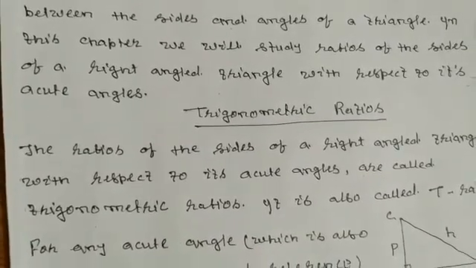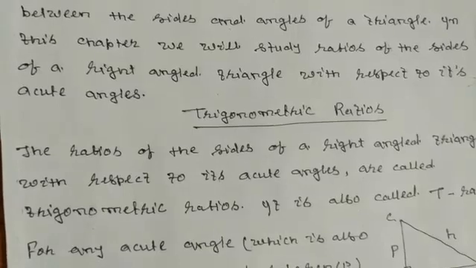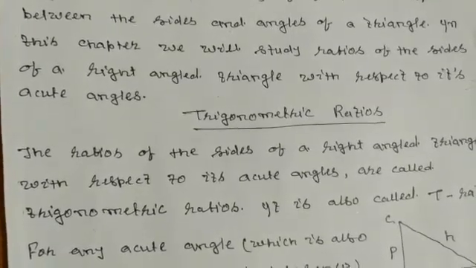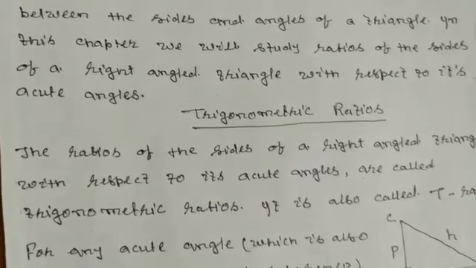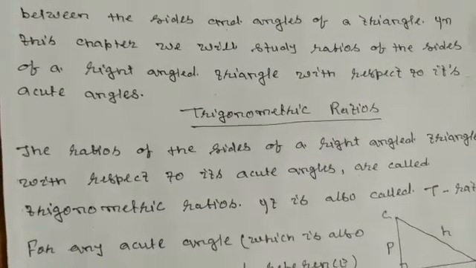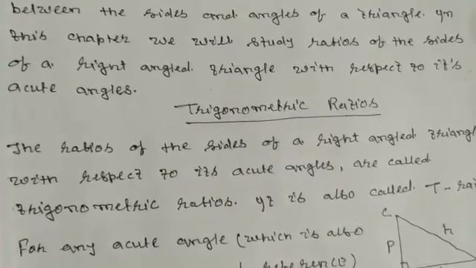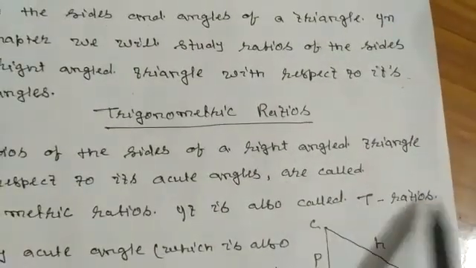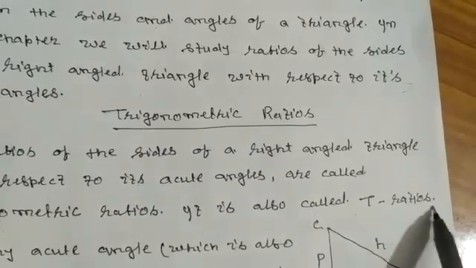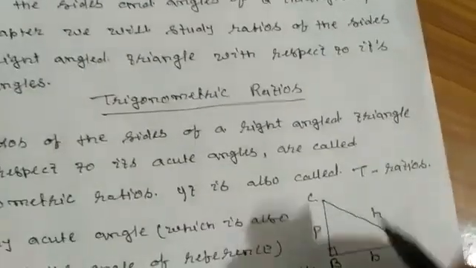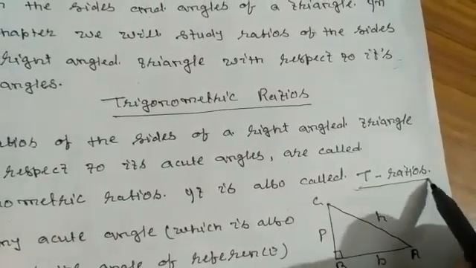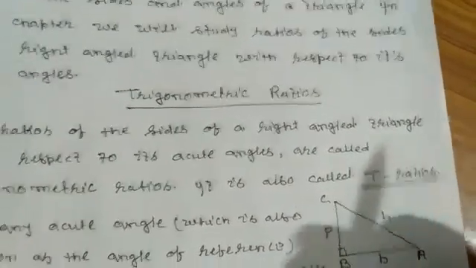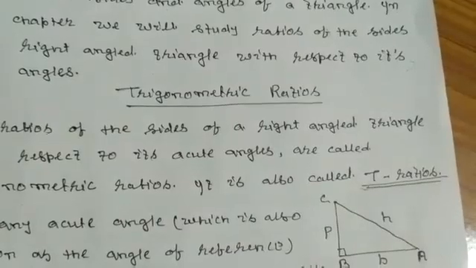Ratio is the comparison of two sides with respect to any one of the acute angles out of two. It is also called T ratios. We also write trigonometric ratios in this form, that is T ratios. This is also the symbol of trigonometric ratios.